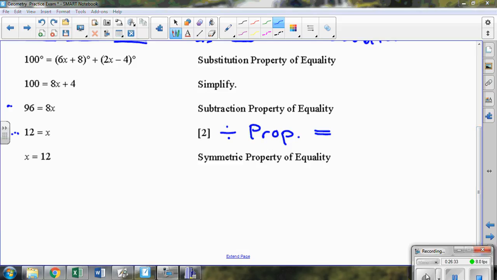The big difference on why we did not use the word simplify up here, when they combined the 6x and 2x, is that those were already on the same side of the equal sign, so we were simplifying one side. Down here with our blue, we were actually dividing on both sides. That's why it was an equality property.